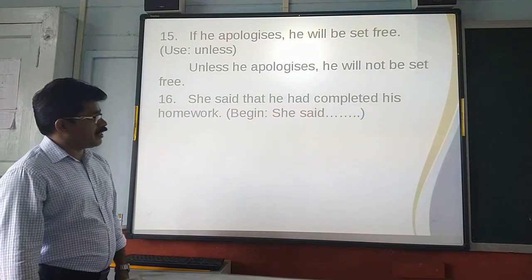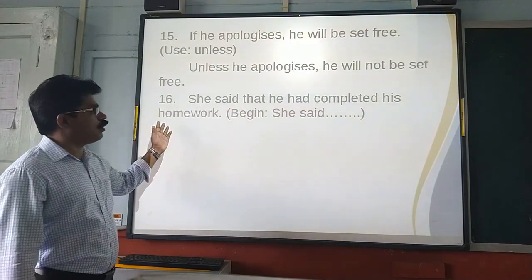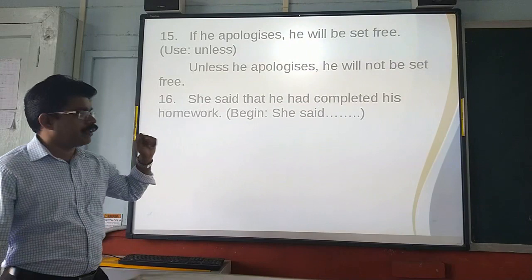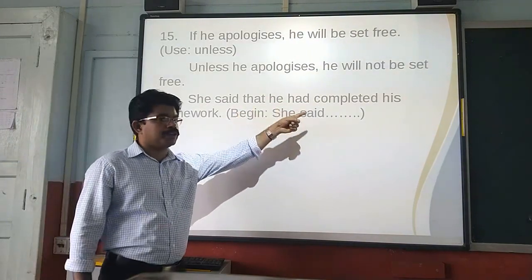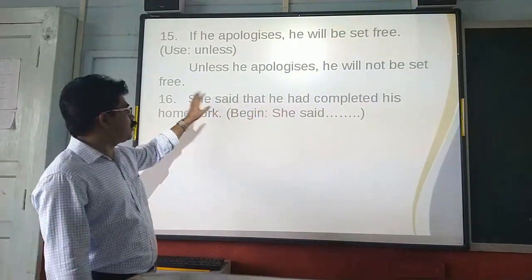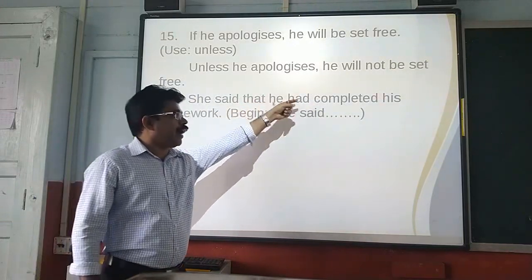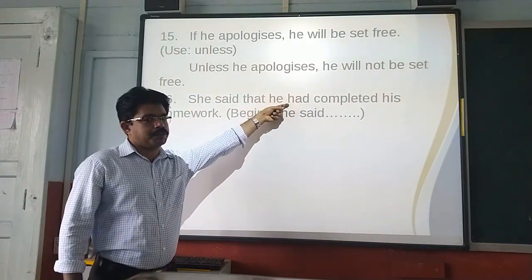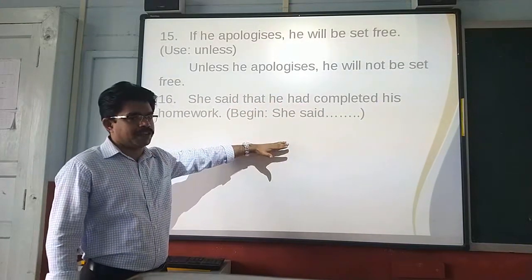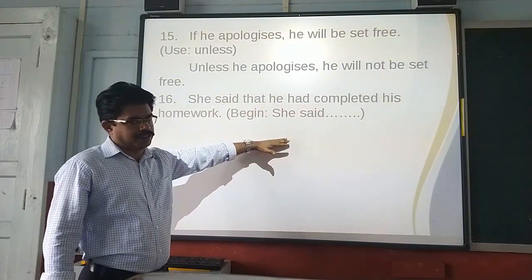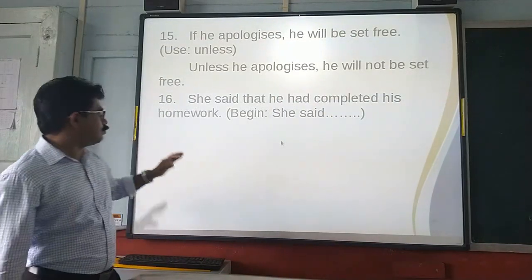She said that he had completed his homework. He had completed his homework. So naturally you have to say, she said that. It is indirect speech. He had already completed; that means it is past perfect. So naturally here it has to be past tense. Let's see what it is.